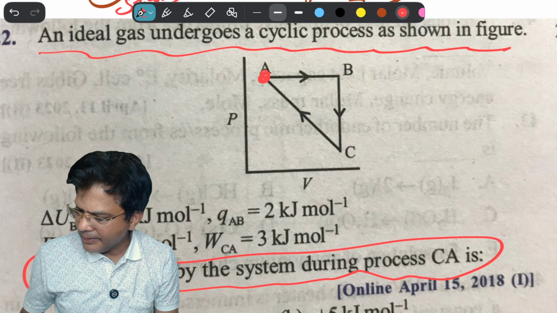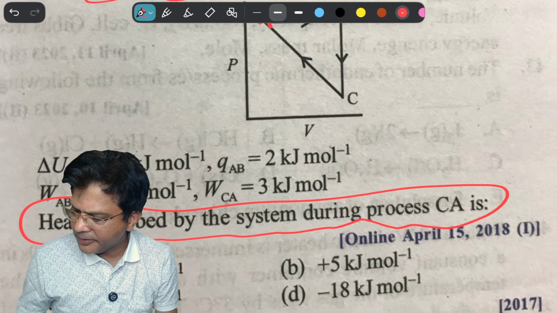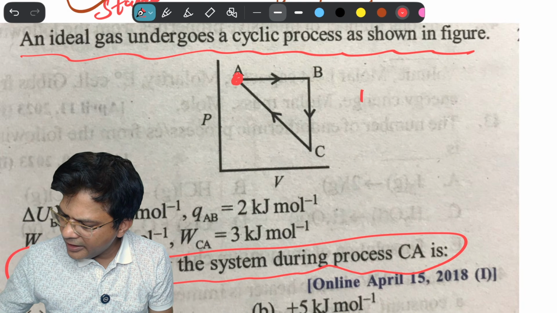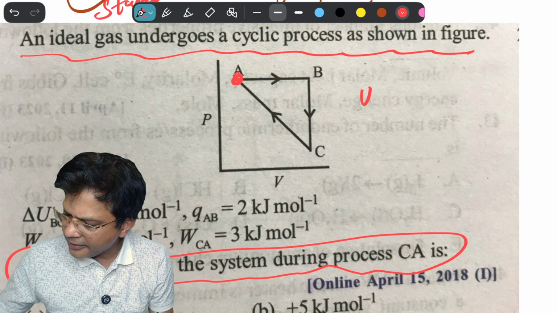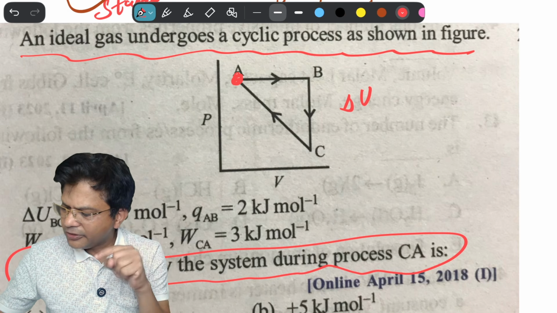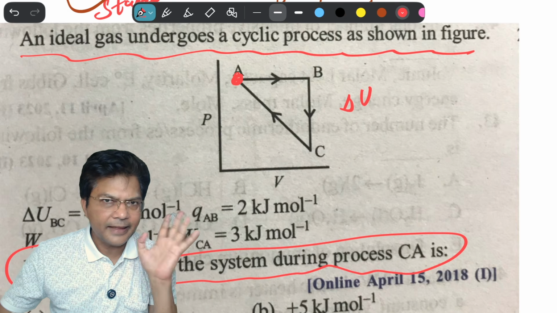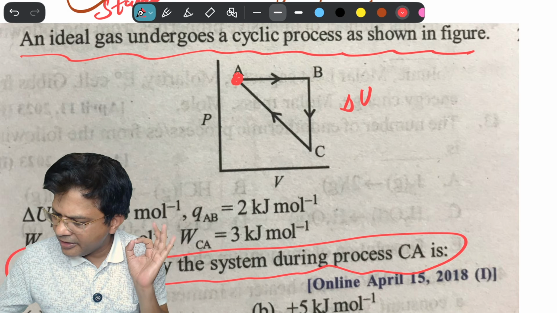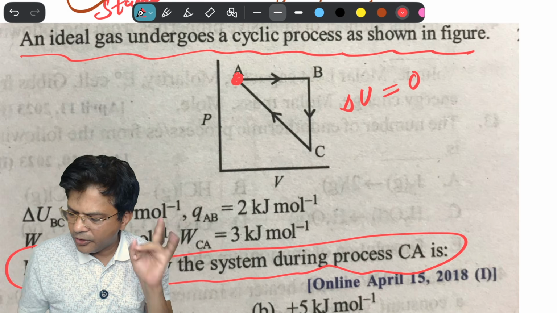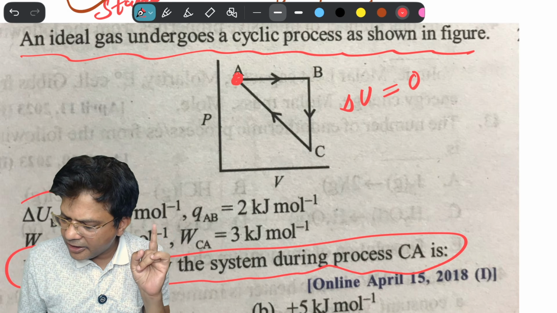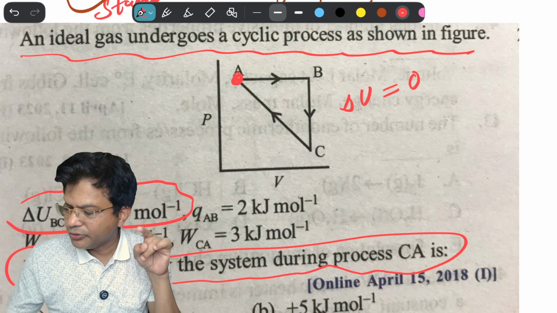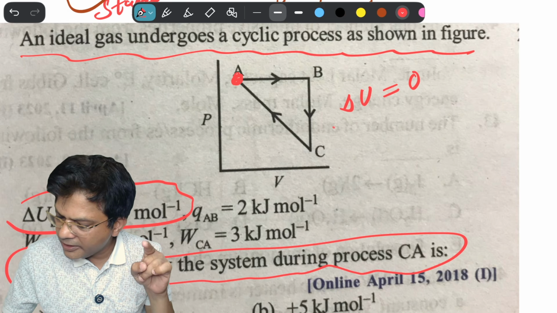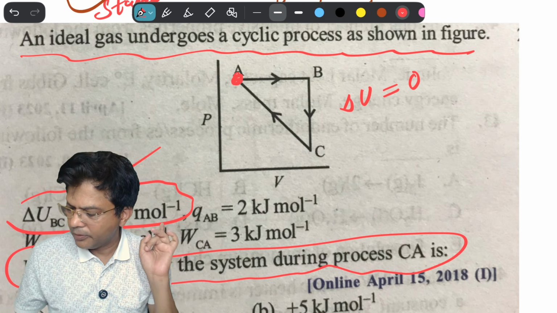Absolutely. Now see, my dear students, can I write one thing, that the change in internal energy delta U from A to B, B to C, C to A will be 0? So once you are coming back in this cyclic process, the change in internal energy will be 0. Now, they have given the change in internal energy from B to C, minus 5 kilojoule per mole.